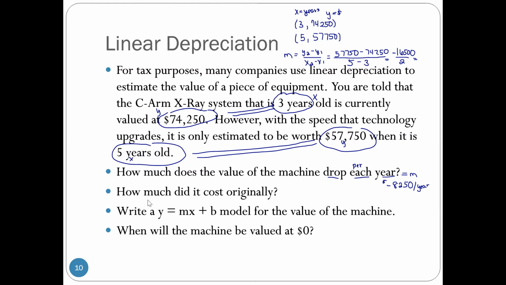Now it asks me, how much did it cost originally? Well, that originally means that this is asking me for the start, so this is asking me for B. So in my y equals mx plus b model, I know that I have the slope, and I know that an ordered pair fits in there for x and y.